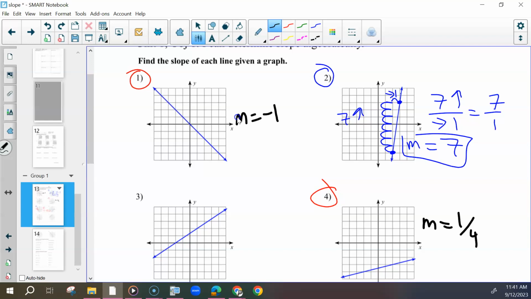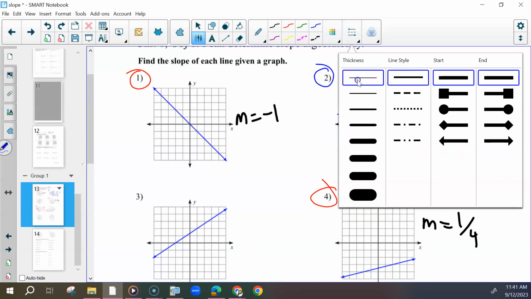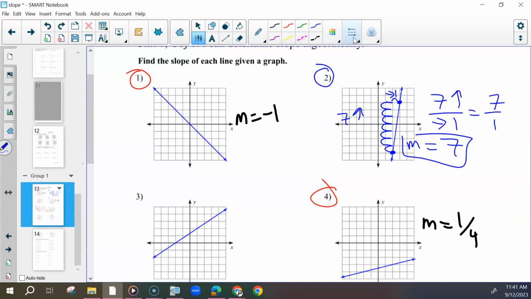Alright, let's double check our answers with these answers. The first one should have been m equals -1. You could have chosen any 2 points. I'm going to show you where all of them are. It would be negative because you're going either down and to the right or up and to the left. But you could have chosen any of these points. You don't have to put them on there, but if you want to, you can.